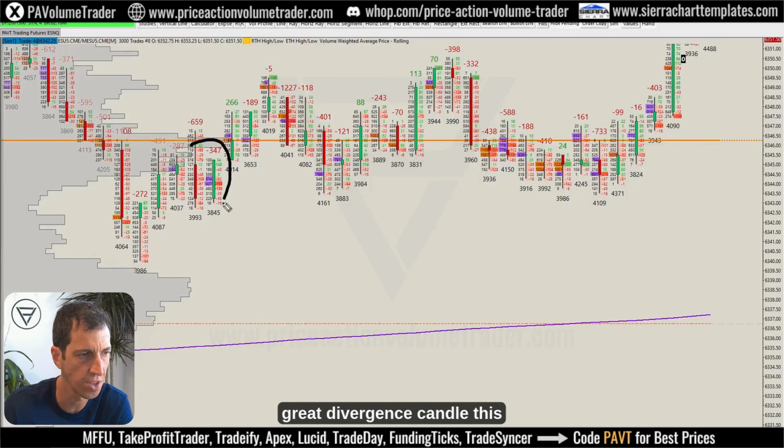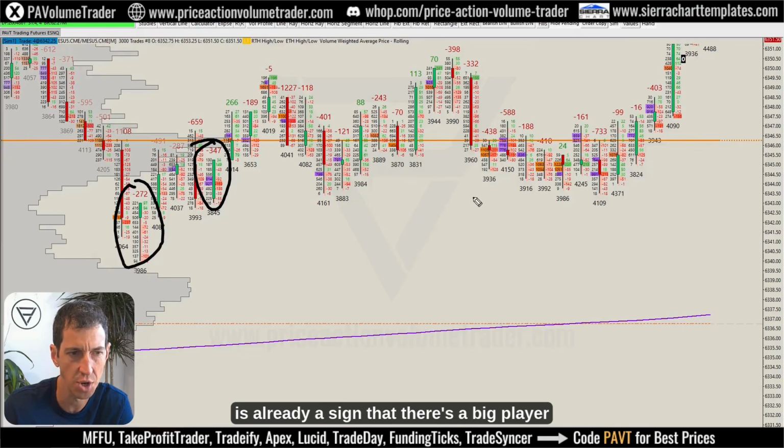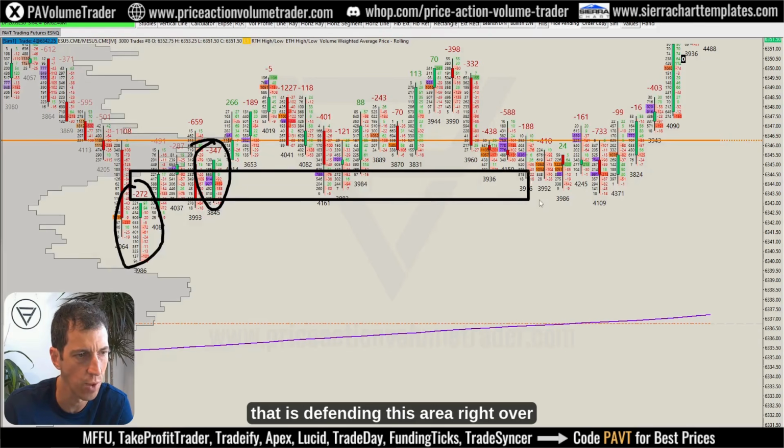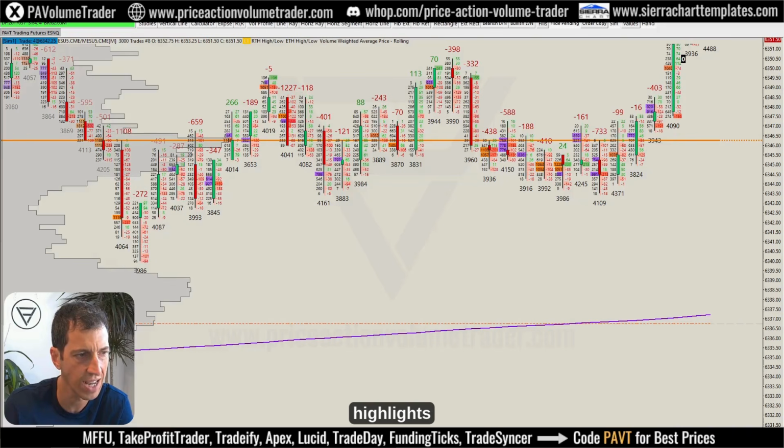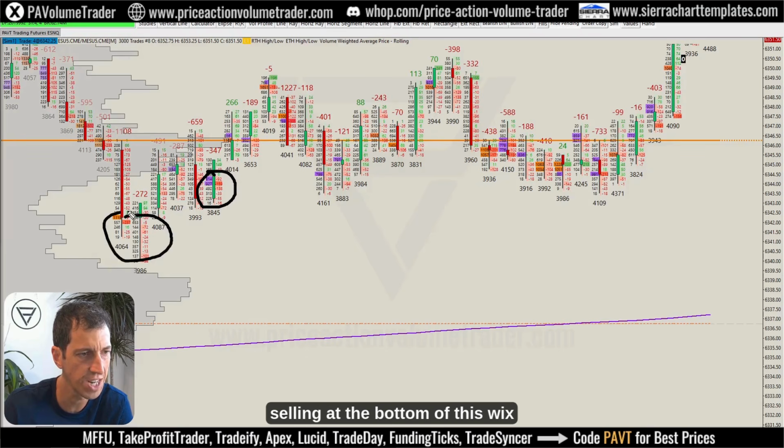So here, another great divergence candle. This is already a sign that there's a big player that is defending this area right over here.